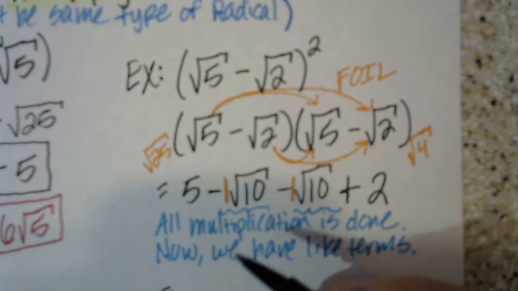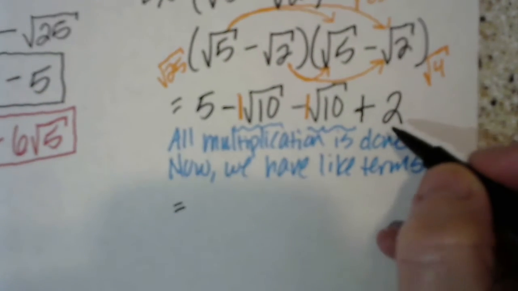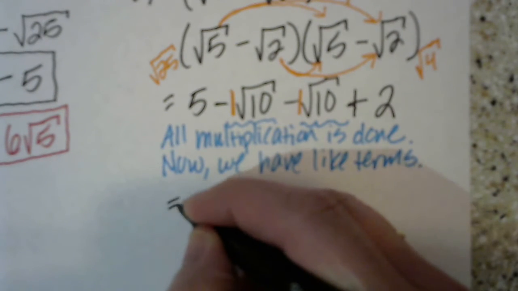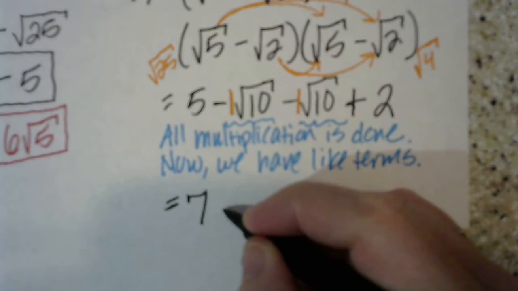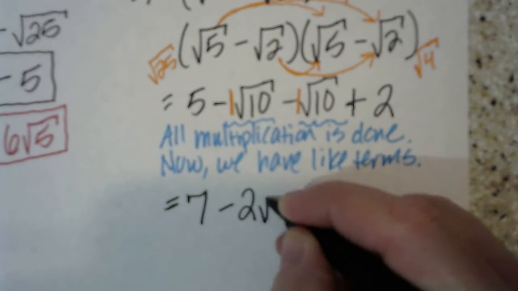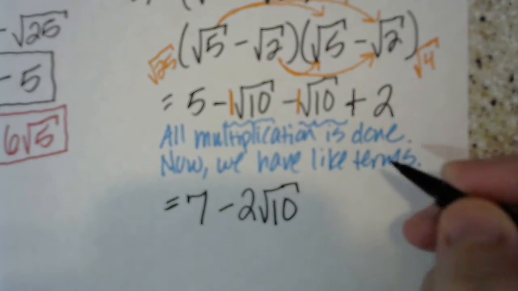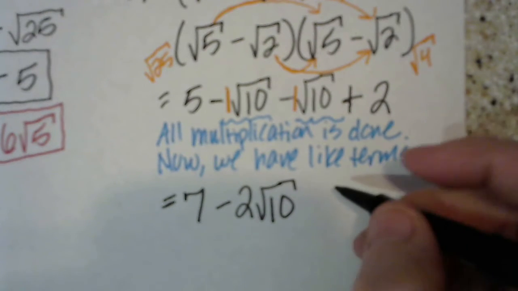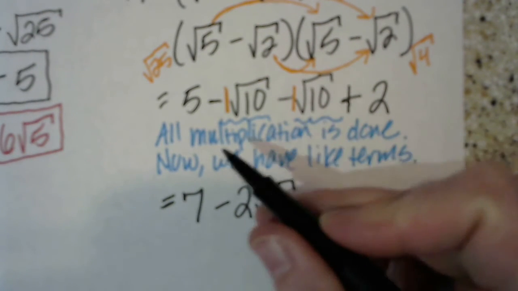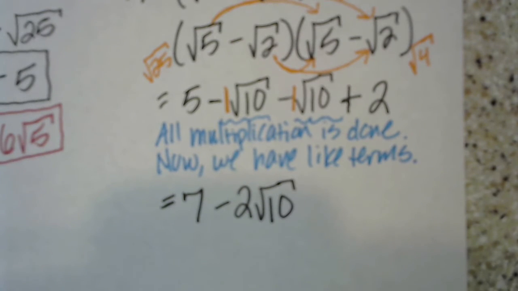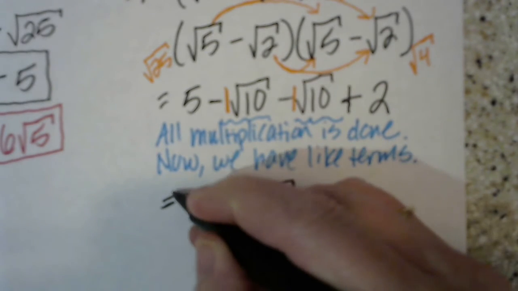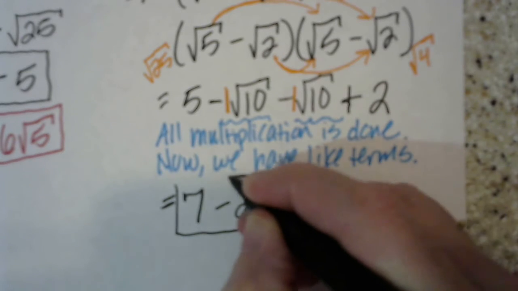And then definitely we know we can do 5 plus 2. So 5 plus 2 is 7. A negative 1 and another negative 1 would be negative 2 radical 10. Remember, when we're adding radicals or subtracting radicals, we only worry about adding and subtracting the coefficient in front. Whatever's under the radical will stay the same.